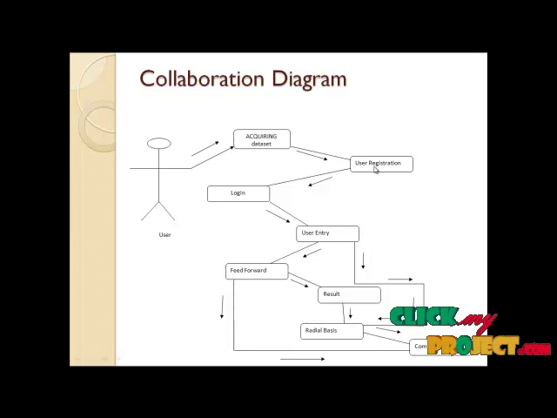The user registration will register only the details and login details of the patient, but in the user entry, the full detail of the patient like age, body mass, blood pressure, pedigree will be entered. Next, the details of a patient will be executed in both feed-forward and radial basis algorithms. The result will be compared in the flow chart.